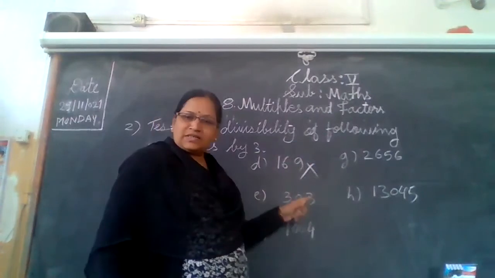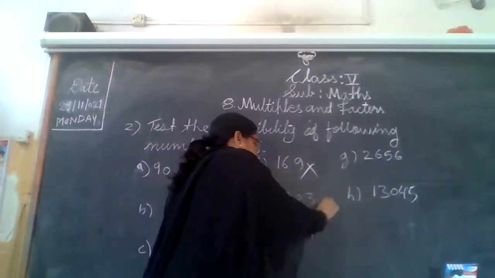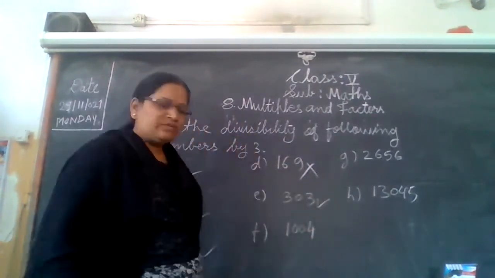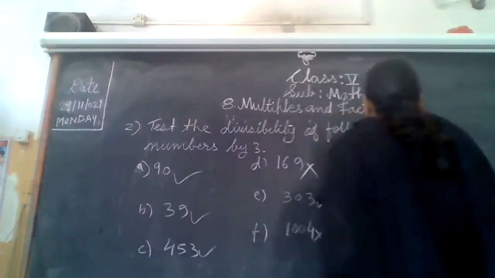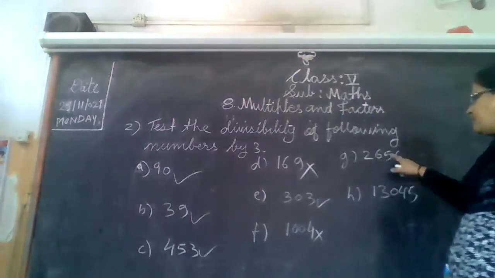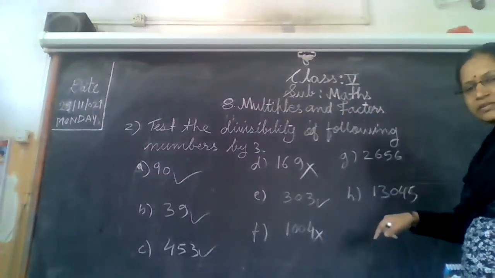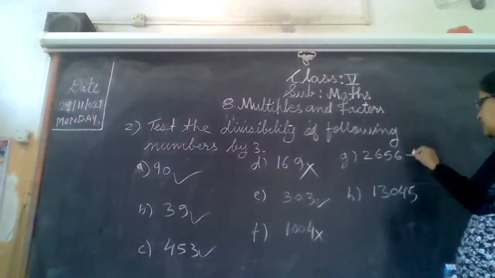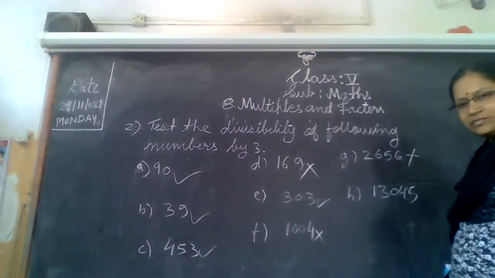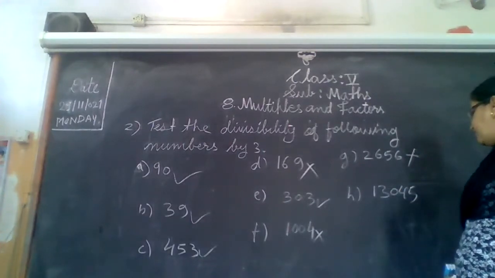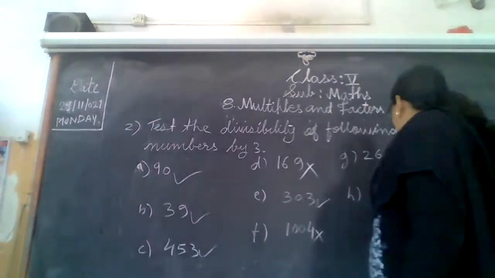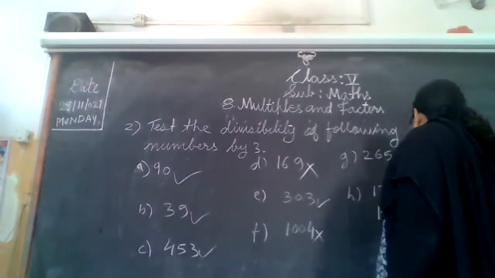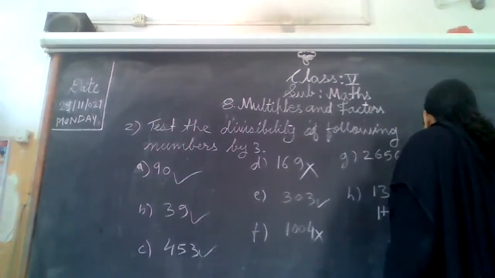3 plus 3, 6. Yes. 4 plus 1, 5. No. 6 plus 6, 12. 12 plus 2, 14. 13045: see, in this way, 1 plus 3 plus 0 plus 4 plus 5.